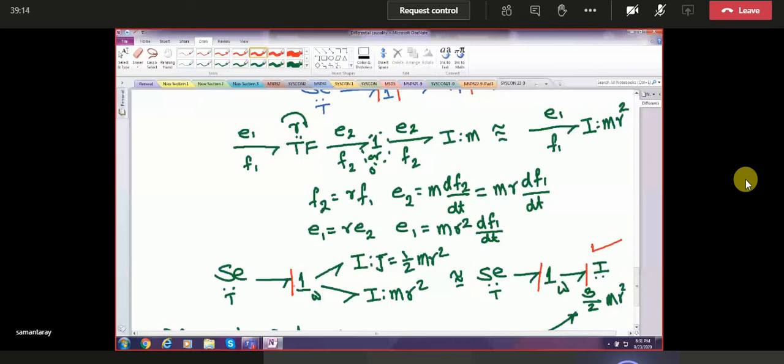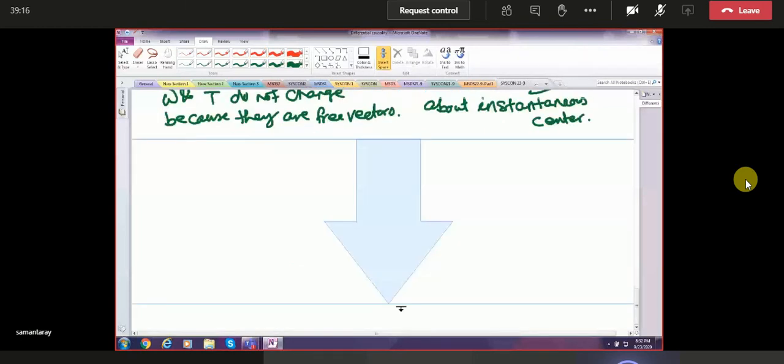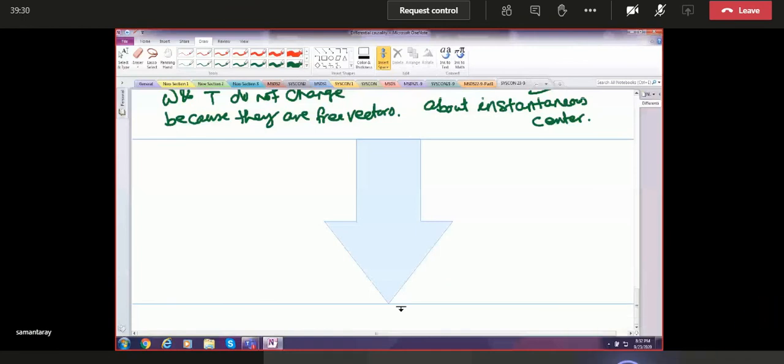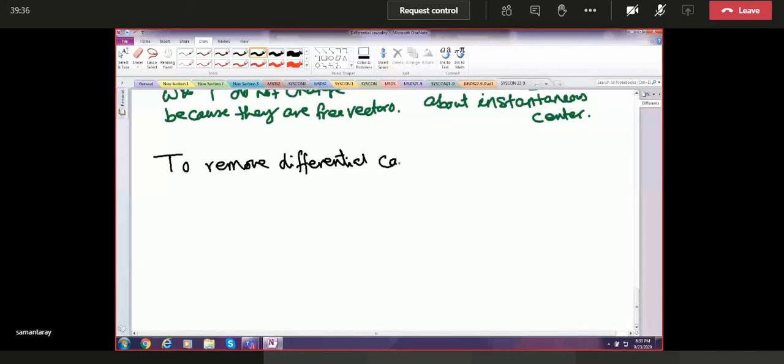So I will just discuss one thing and then I will leave. To remove differential causality, we can introduce parasitic elements.